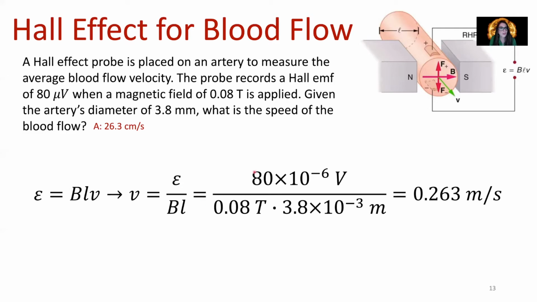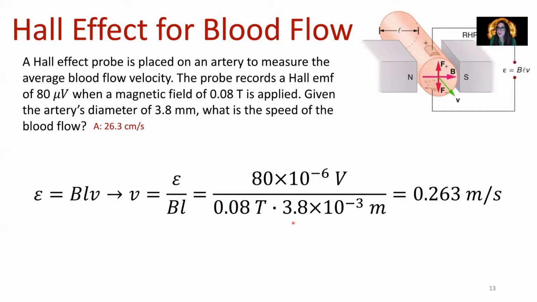So our EMF here was given to be 80 microvolts, so that's 80 times 10 to the minus 6 volts. And we divide it by the magnetic field, 0.08 Tesla, times the diameter of our artery, 3.8 millimeters, so that's 3.8 times 10 to the minus 3 meters.